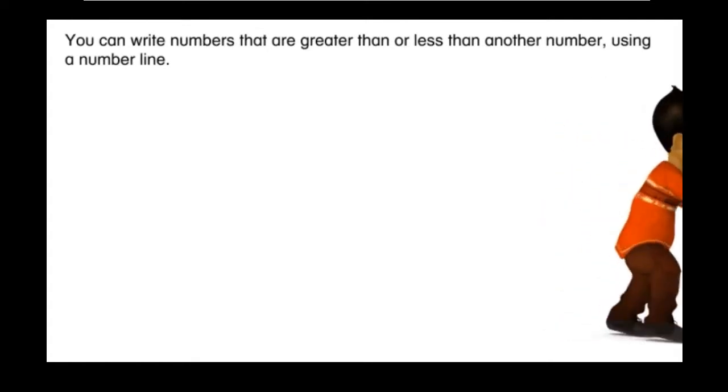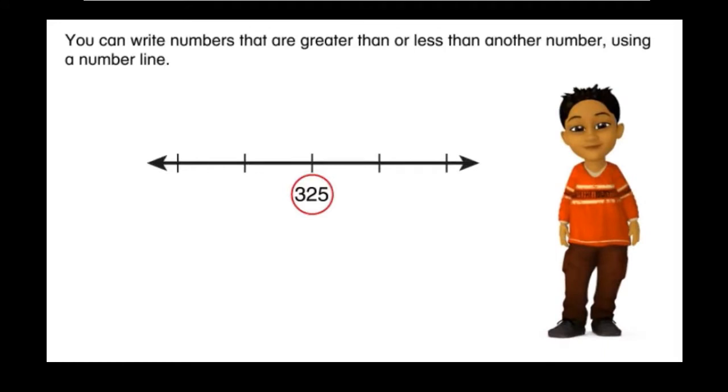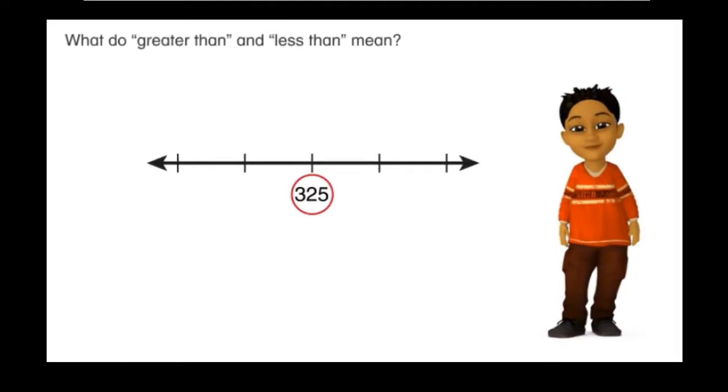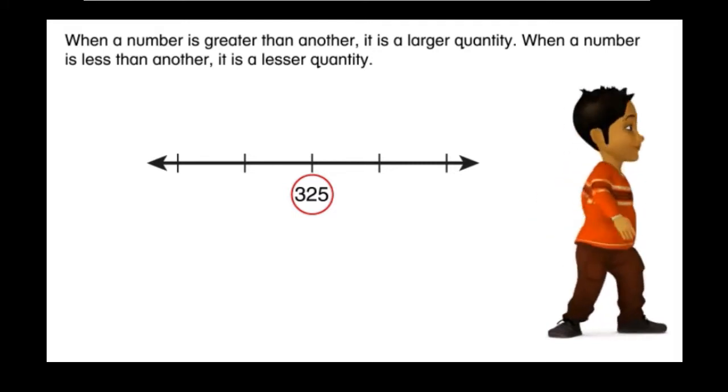You can write numbers that are greater than or less than another number using a number line. What do greater than and less than mean? When a number is greater than another, it is a larger quantity. When a number is less than another, it is a lesser quantity.